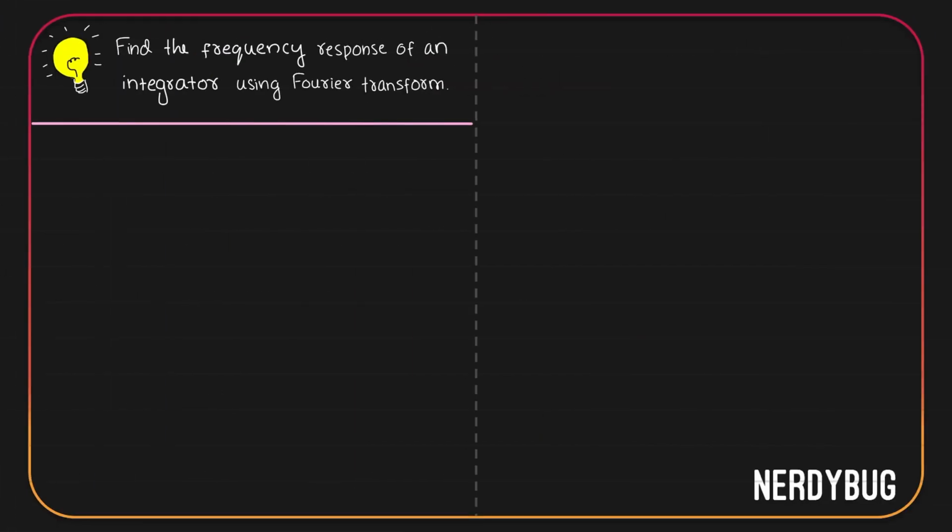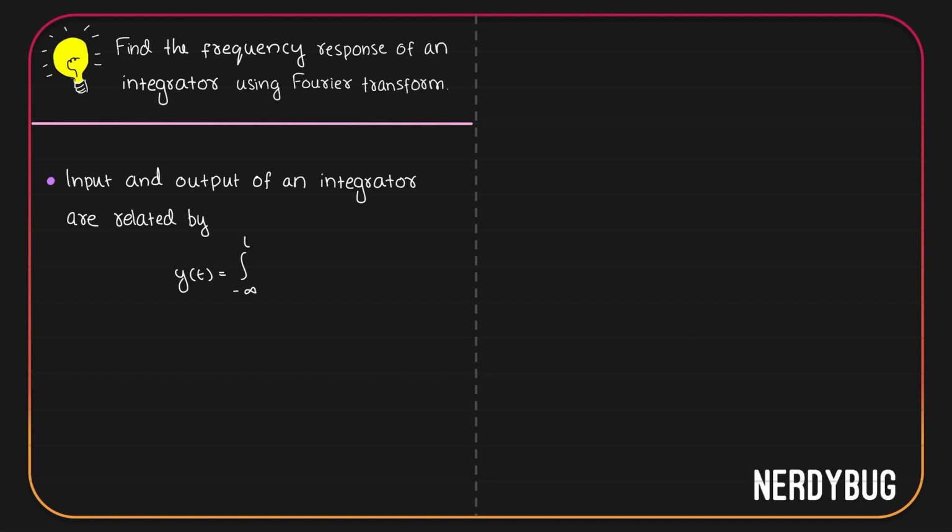Let us solve another question now. We have to find the frequency response of an integrator using the Fourier transform. Input and output of an integrator can be related like this. Output y of t is equal to the integral from minus infinity to t of x of tau d tau. Let us use the integration property to find the Fourier transform of y of t, that is y of j omega.